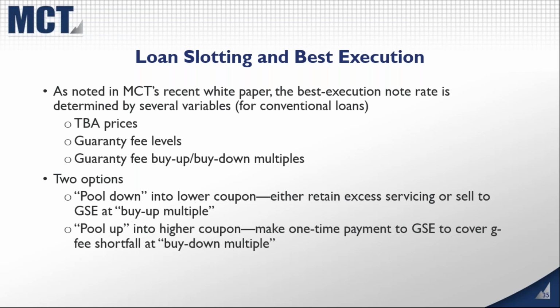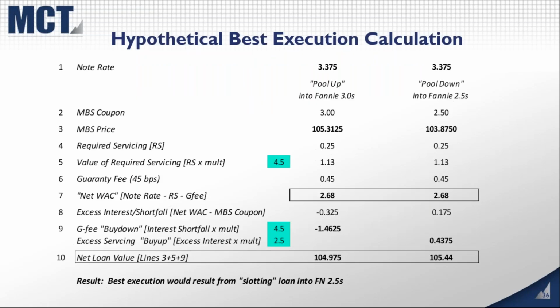GSEs are making markets in IOs essentially, and they're not shy. There might be a two-turn difference sometimes between the buy-up and the buy-down multiples. So you can see here, this is straight from the white paper, that in this case, a 3 3/8 note rate, assuming a 45 basis point guarantee fee, means that you would have 17.5 basis points of excess servicing if you pool down into 2.5s, UMBS or Fannie 2.5s.